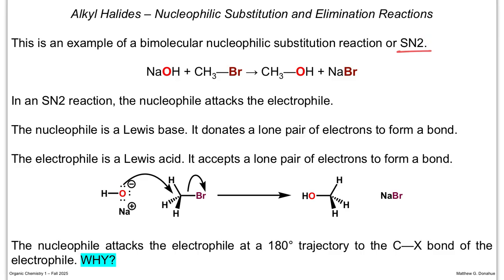The 2 is dependent upon the concentration of both the nucleophile and the electrophile. So for this reaction to go, that nucleophile has to collide into the electrophile. Both of them need to be present as the mechanism proceeds through time. So that's where the 2 comes from.